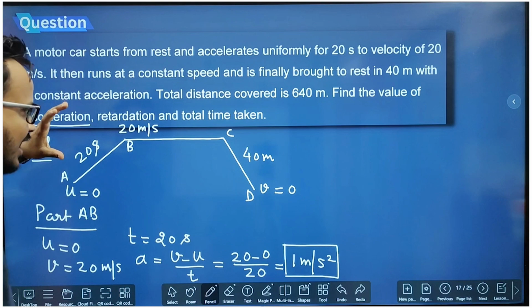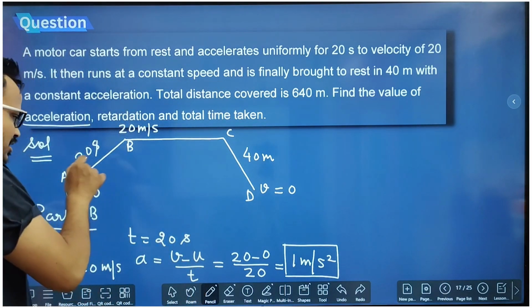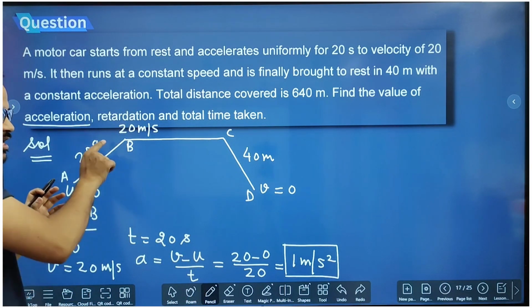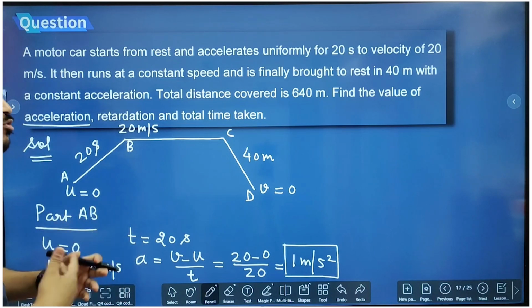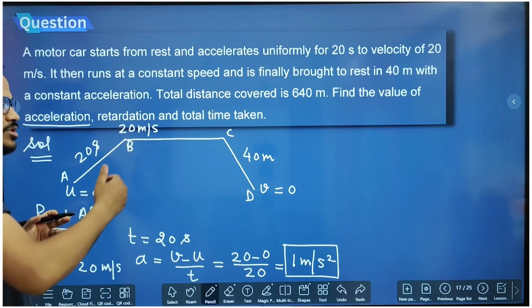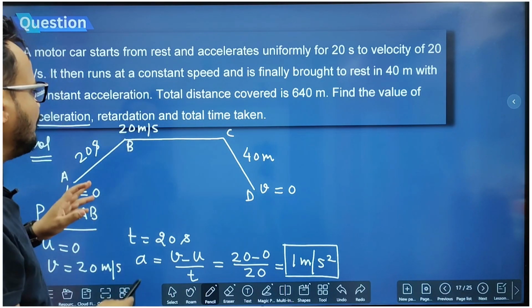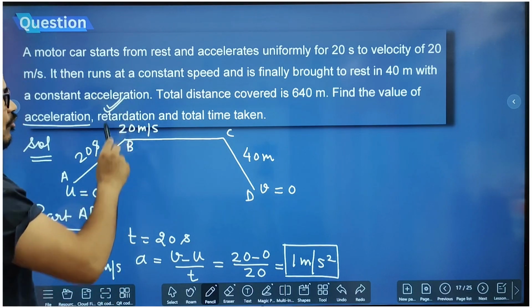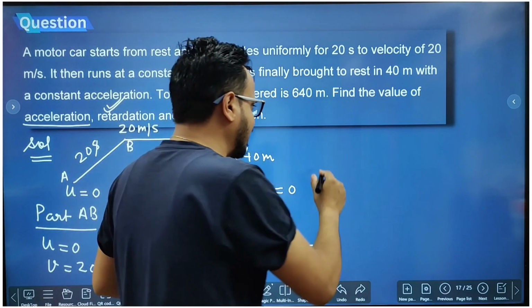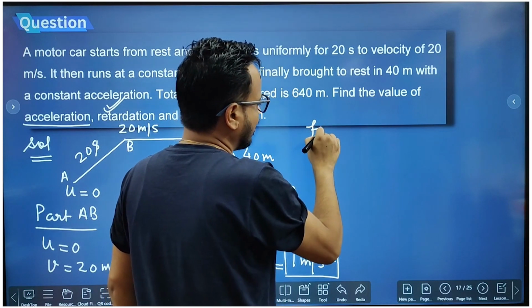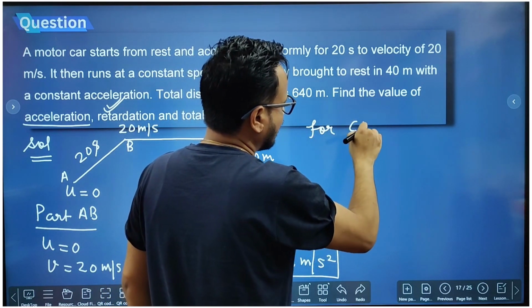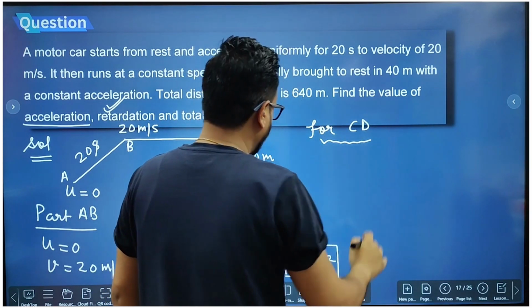Okay. Retardation. In part AB the body is accelerating, and in part BC the acceleration is 0 because the body is moving with constant velocity. So if it is asking for retardation, then this is for part CD. So let's take part CD. Now for part CD, what is the data?